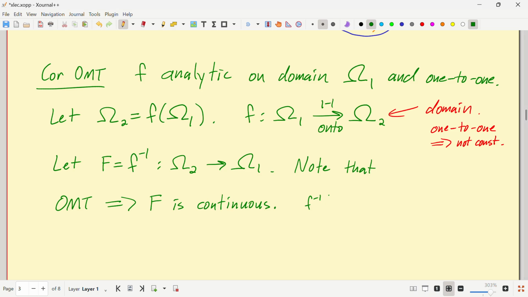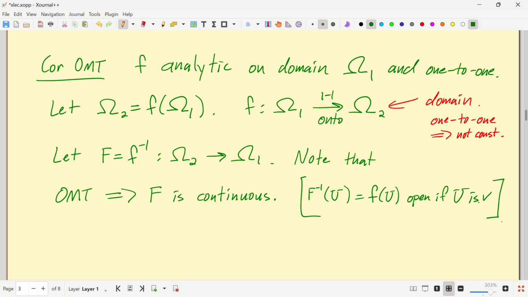I'm sorry, I want to see that g is continuous. So g inverse of U is equal to f of U, and that's open. So check.